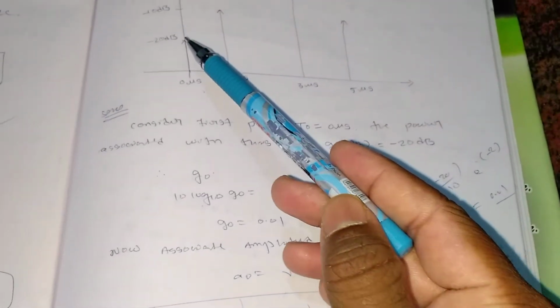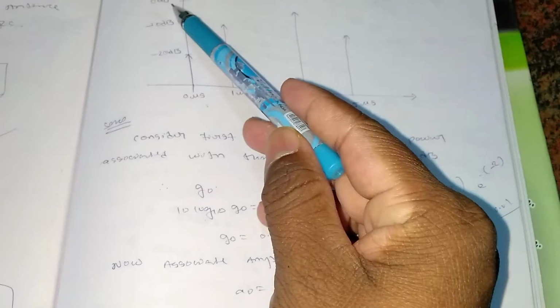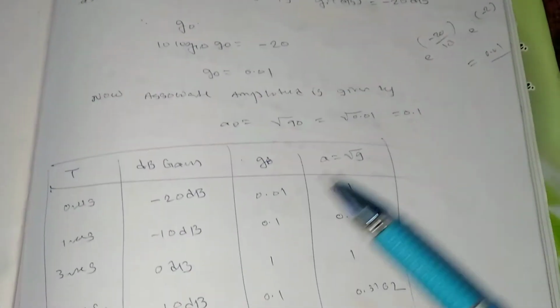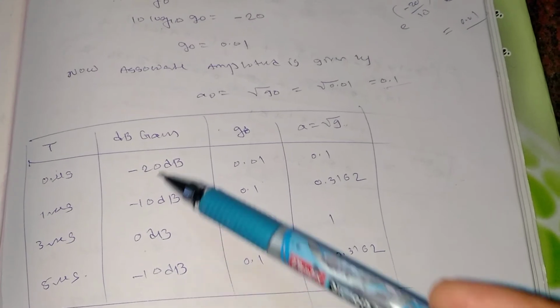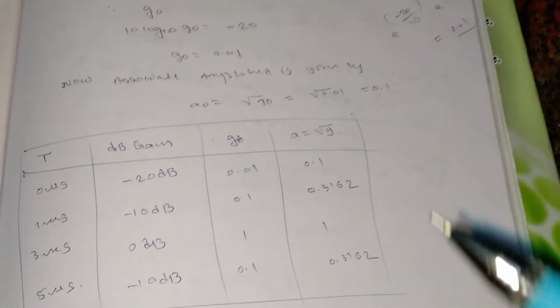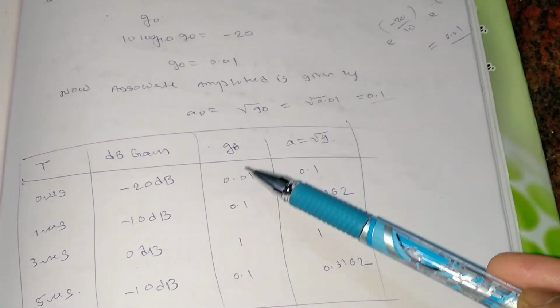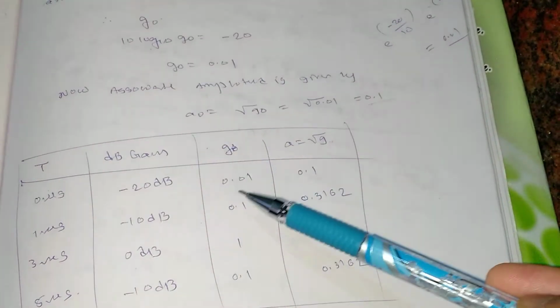They have given minus 20 dB, minus 10 dB, 0 dB and again minus 10 dB. The same thing I have written: minus 20, minus 10, 0 dB and minus 10 dB. So this is the data which they have given. Now by applying these formulas, I will find first g naught equal to 0.01.